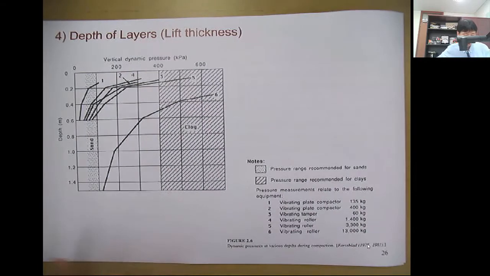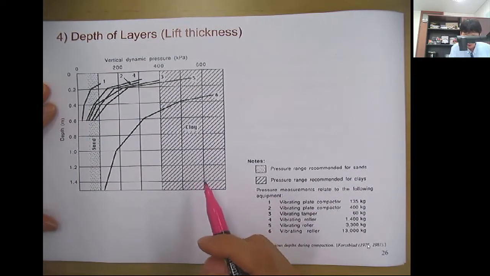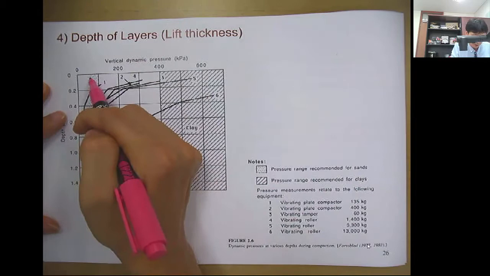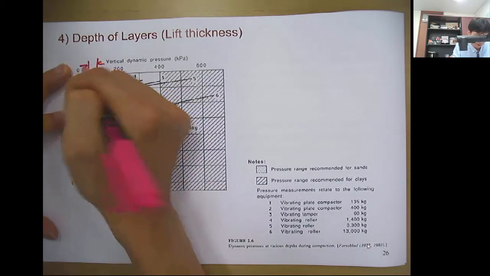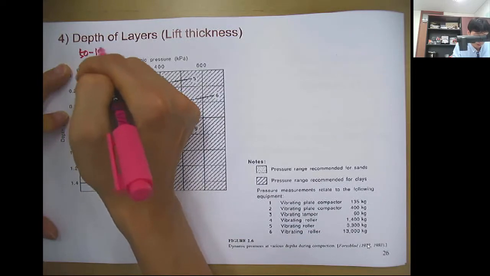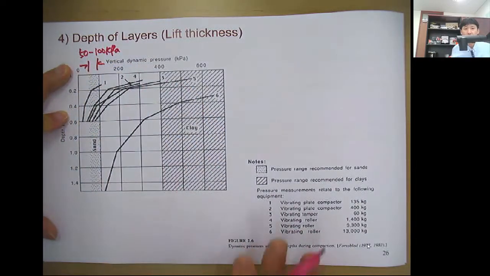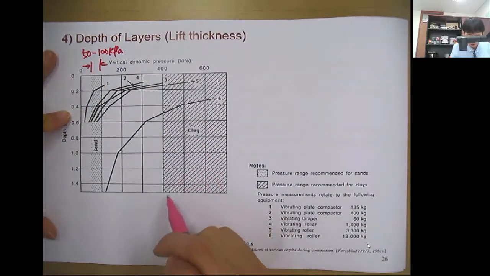So this graph shows the pressure range recommended for sand. So here the hatched area is for the sand, and this is about 50 to 100 kilopascal. And for the clay, it's about 400 to 700, right?